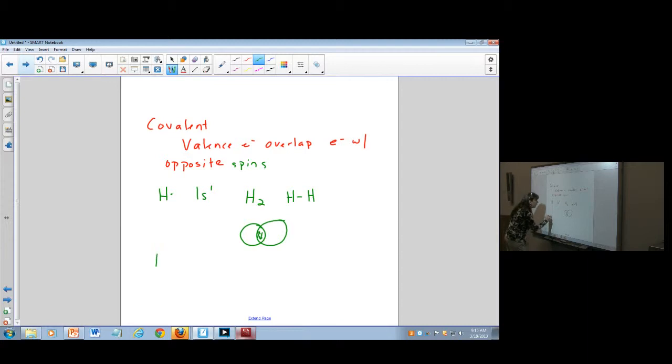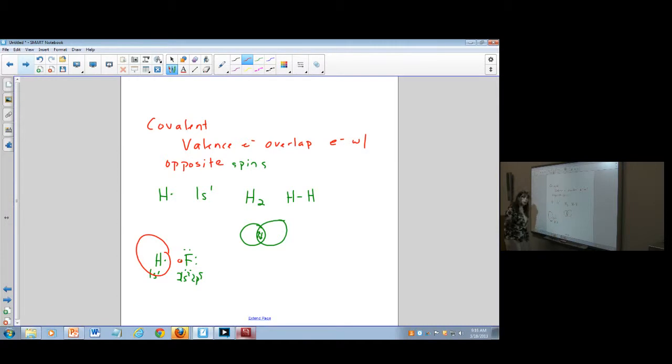We might also have hydrogen, a 1s1, and for example, fluorine, which has 2s2, 2p5 in its valence electrons, and that would be something like this. Well, now these two electrons can overlap here.